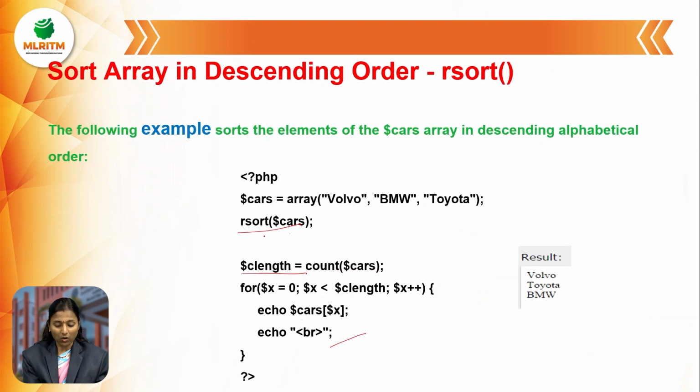Then next is descending order, rsort. $clength is equal to count of cars. For $x equal to 0, length and $x++. Here it is printed in descending order: Volvo, Toyota and BMW. In this format, the arrays can be sorted using rsort.